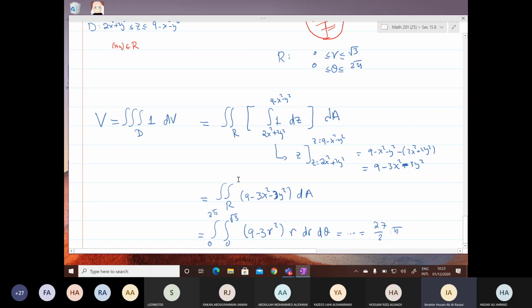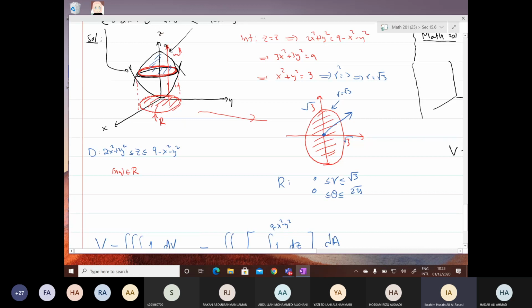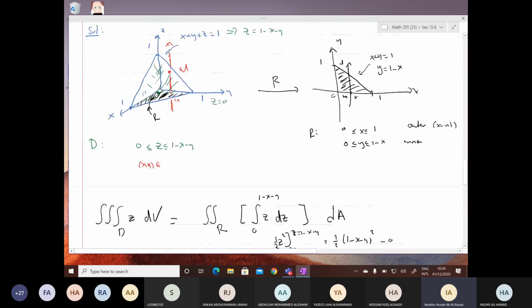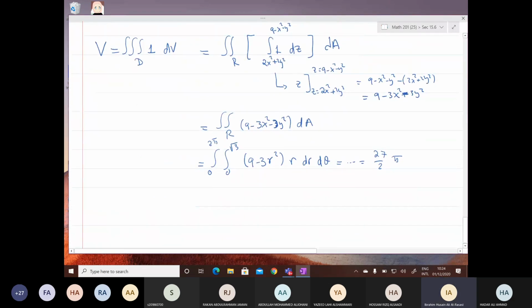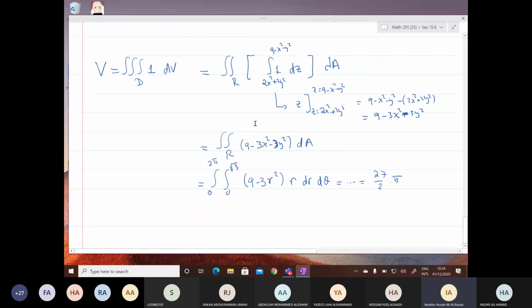If the region is circular, it is better to use polar coordinates, as in this example. In the previous example, the region was a triangle, so we used rectangular. You are free to choose based on the shape of your region.